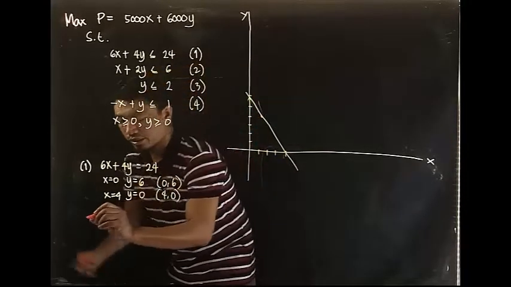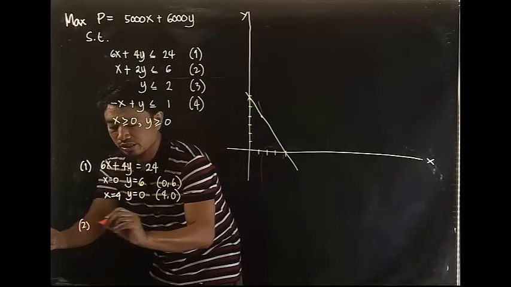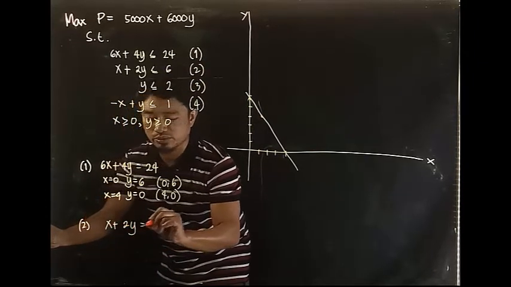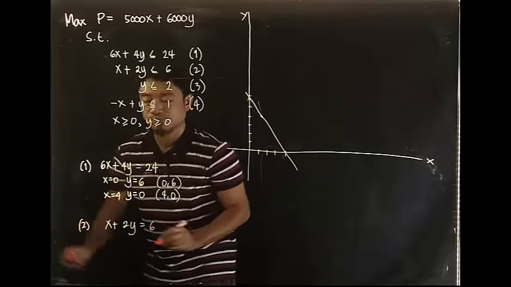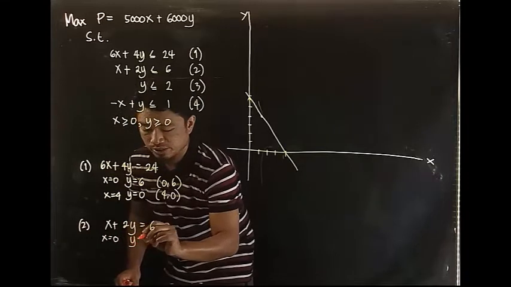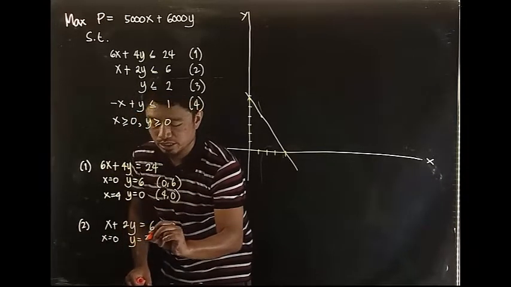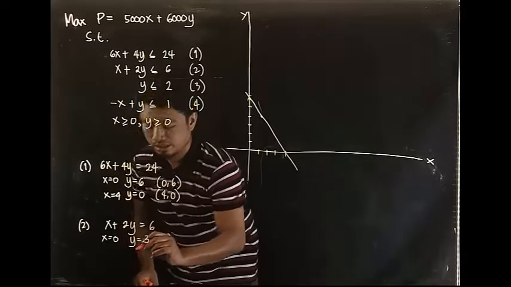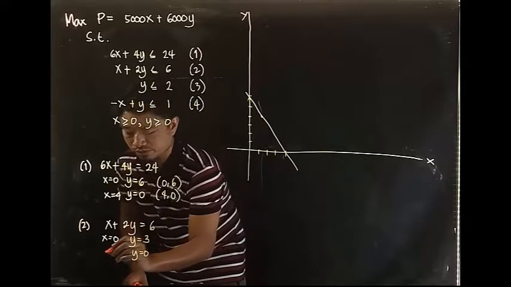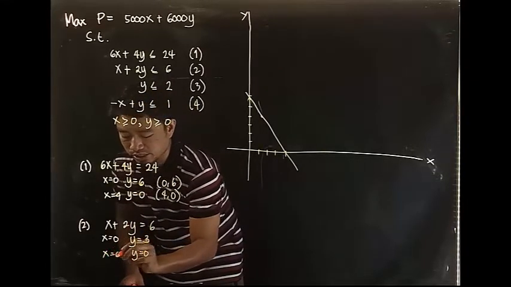And the equation part of our second constraint is x plus 2y is equal to 6. So if x is equal to 0, the value of y is equal to 3. And if the value of y is equal to 0, this is 0, therefore x is equal to 6.